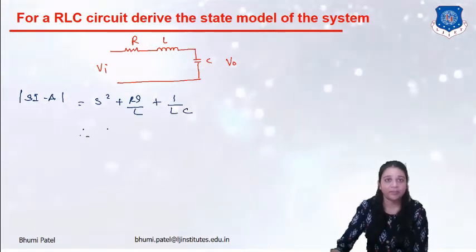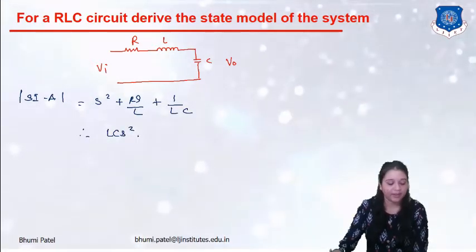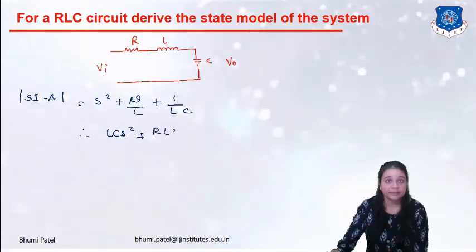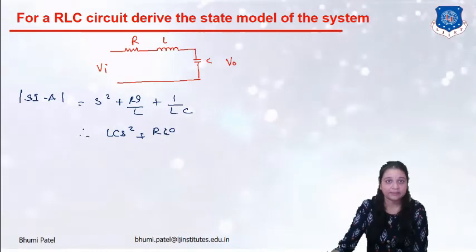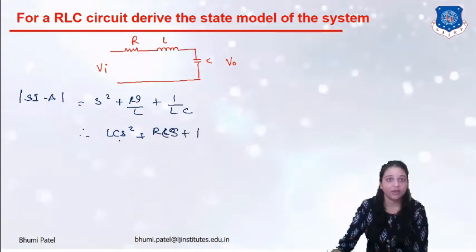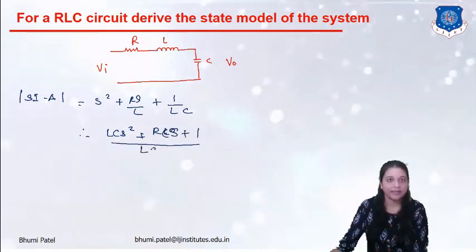So this is the simplified version: LC S square plus RCS plus 1, divided by LC.